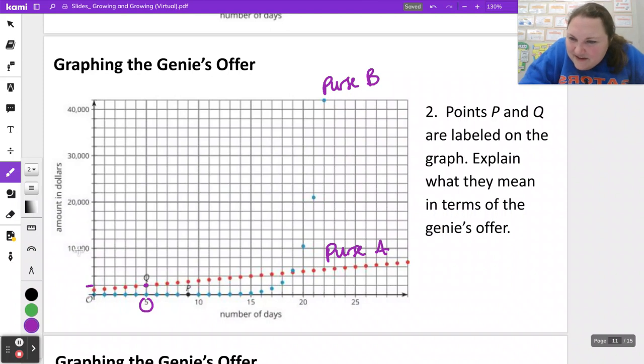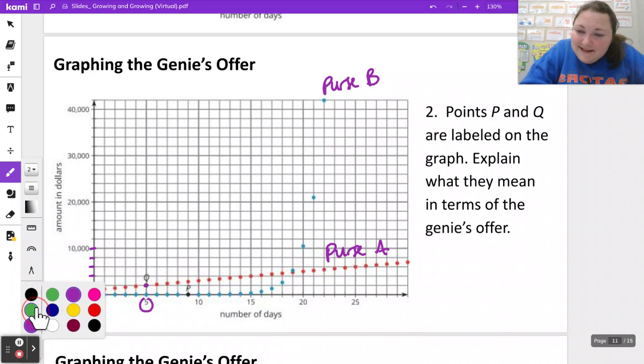And it might take a little thinking, but knowing that this 5th line is at 10,000 helps me know that each of those lines is going up by 2,000. 2,000, 4,000, 6,000, 8,000, 10,000. If you just think about the 10, it helps a little bit. 2, 4, 6, 8, 10. And so the point Q is telling me the amount of money in purse A at day 5. The amount of money on day 5 in purse A is $2,000.